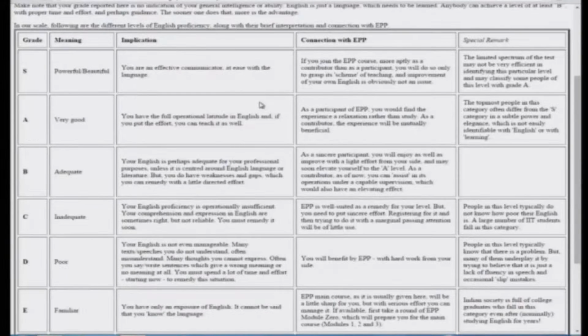At the opening of the results, we tell them that we will give your grade in the letters A, B, C, D, E, F, and in our lexicon even above A there is a grade which is S. The meaning of S is powerful or beautiful, and A is very good.